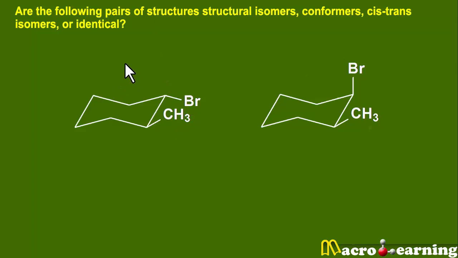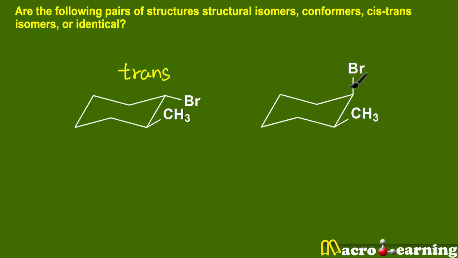So this is called a trans structure when it comes to the positions of these two substituents, not necessarily on neighboring carbons. They can be one or two carbons apart from each other, but if one of them is below and the other is above the ring, we call that a trans type configuration.